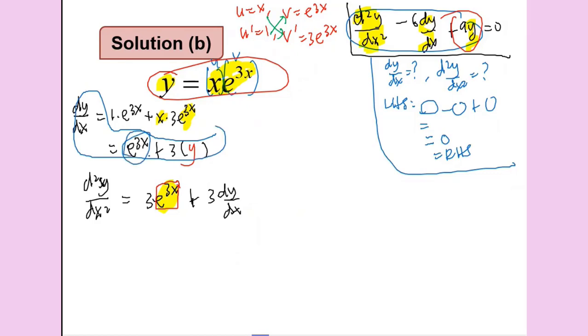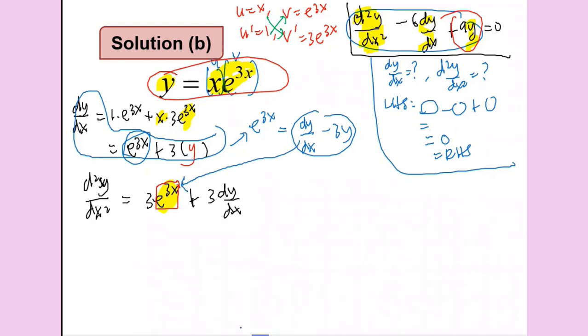This one has this, right? So e^(3x), okay. Take this one as the subject. So now take this one, substitute.